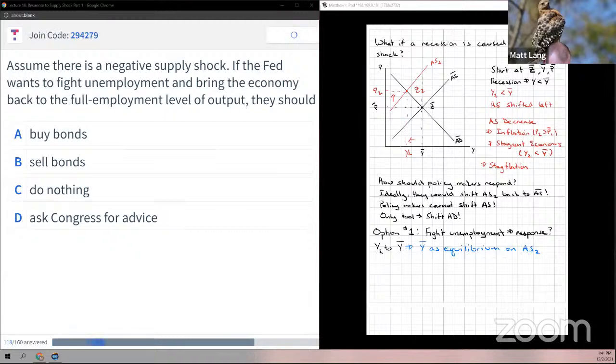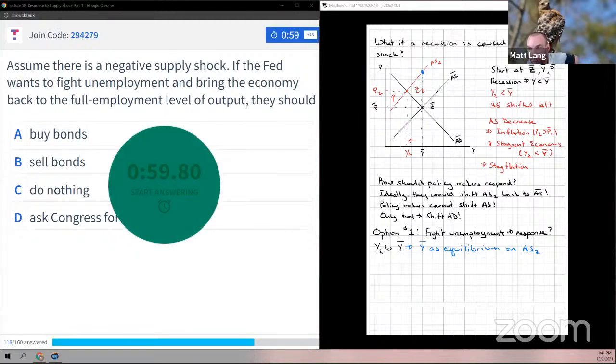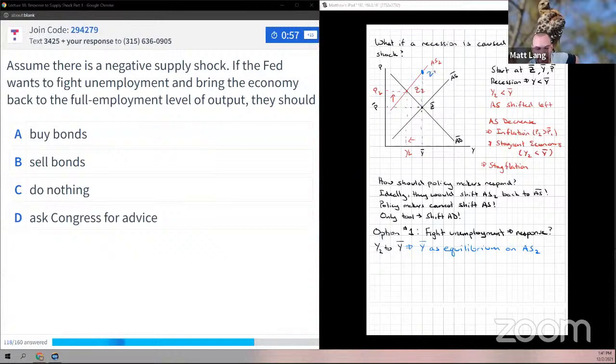So if we graph this out, we've got to be right here. We'll call it Z3. Z3 is that top dot there. How do we get to that dot? All we've got to do is increase AD. So we can break this question down into how does the Fed increase AD?